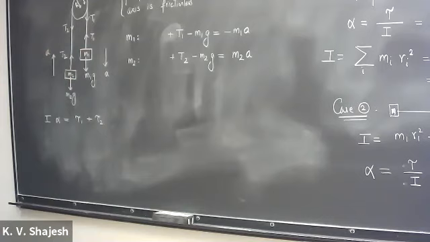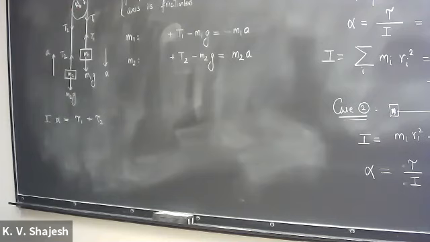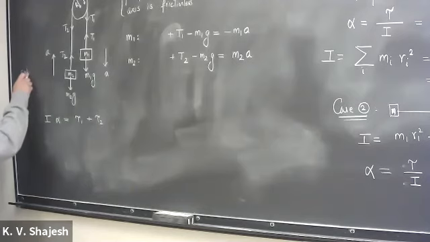Those are the two forces acting on it, and each one will exert a torque on it. We have to specify what this pulley is made of. So let's say the pulley is a solid cylinder.